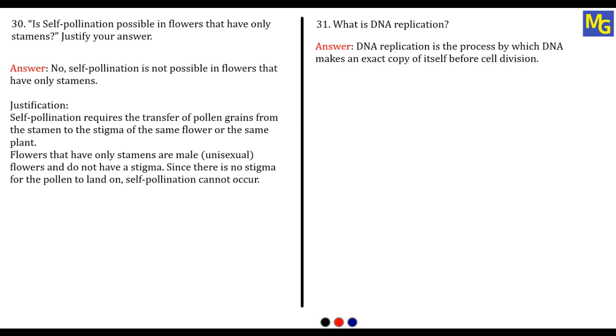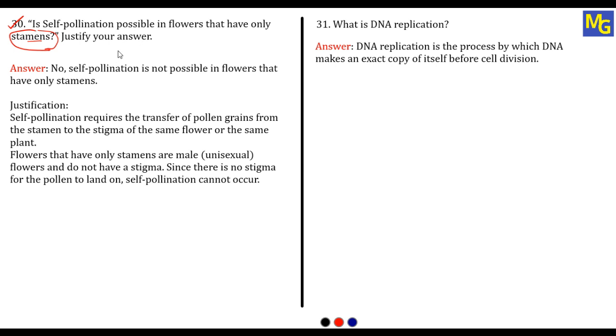Now we'll see the next question, that is question number 30. Is self-pollination possible in flower that only have stamens? Justify your answer. So see here, is self-pollination possible? If the flower contains only stamen, then can we see self-pollination or is self-pollination possible in that flower?